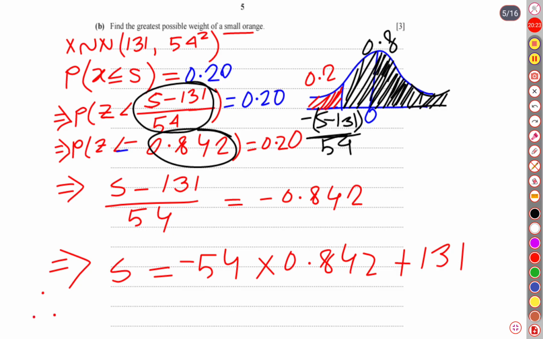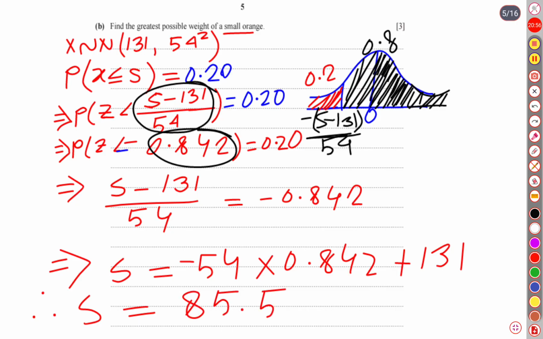Hence our s, the greatest possible weight of a small orange, is going to be 54 into 0.842 plus 131, which is equal to 85.5 gram.